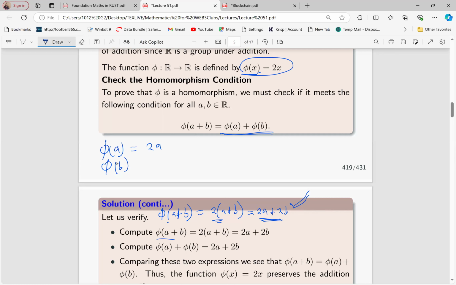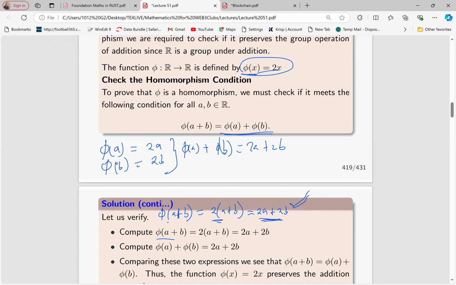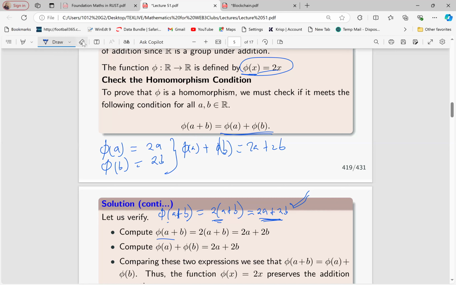By this definition, it will be mapped to 2B. So phi of A plus phi of B will be 2A plus 2B. This confirms that the left-hand side and the right-hand side are the same. And since they are the same, we say that phi defined above is a homomorphism.